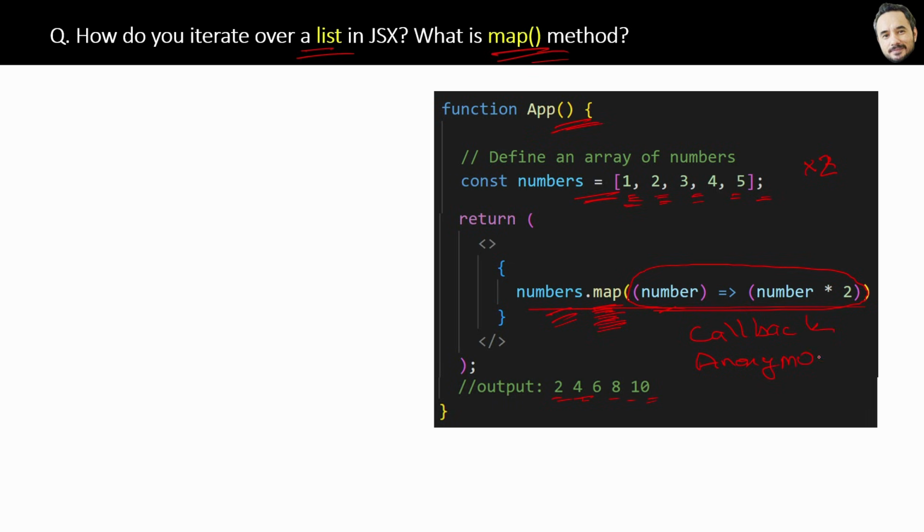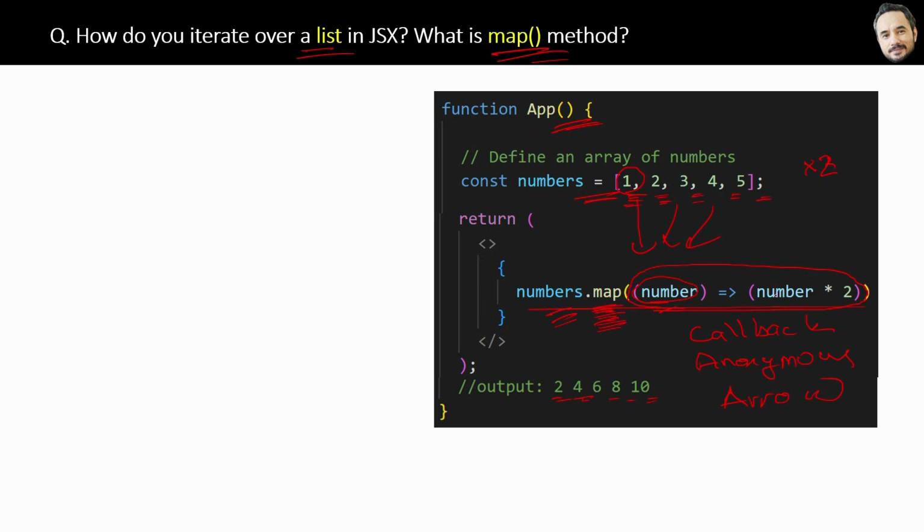And it is also an arrow function because first we are accepting this number as the parameter of the function, which accepts one by one all the array elements in the arguments. So what is happening? The first number parameter will be 1, then 2 and 3 and so on.